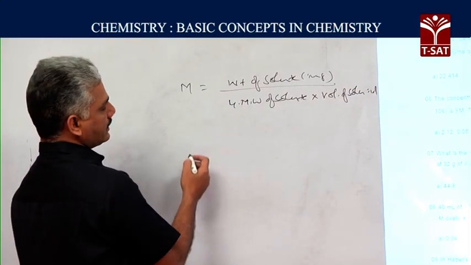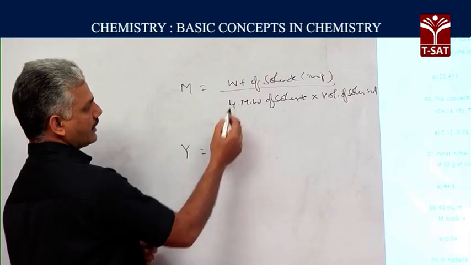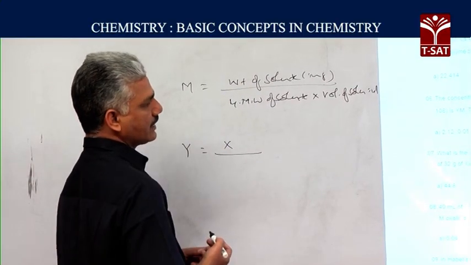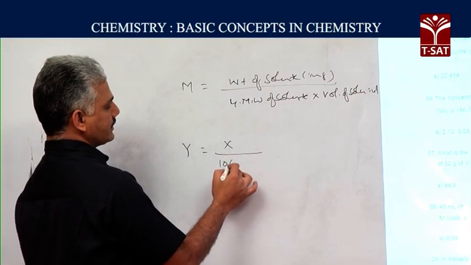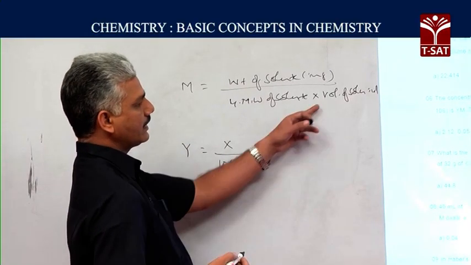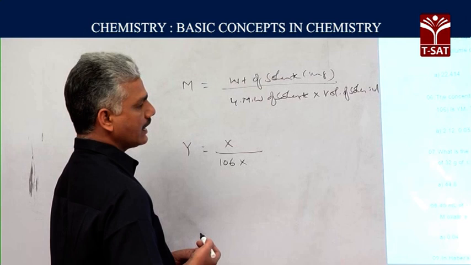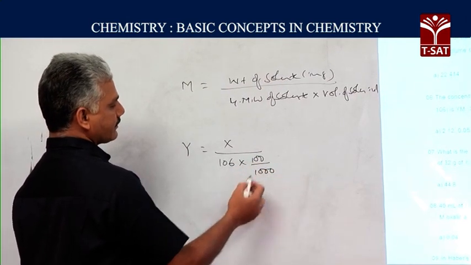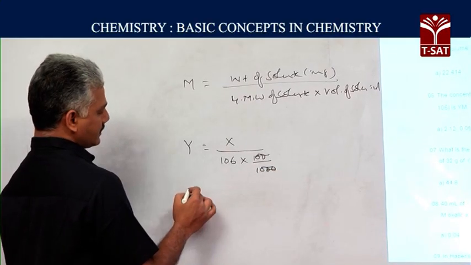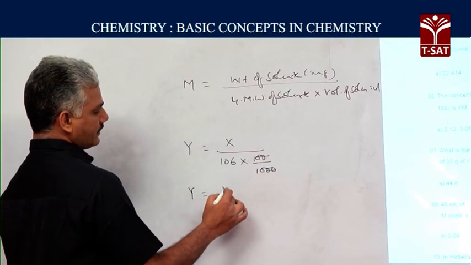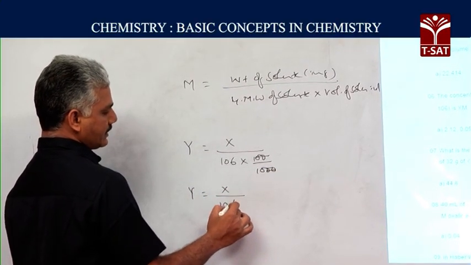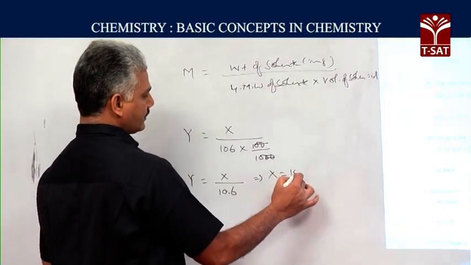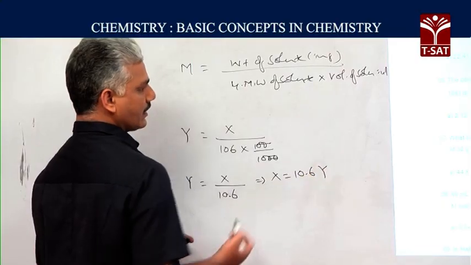So, molarity is given as Y, weight of solute is given as X, gram molecular weight of solute is 106 and volume of solution is 100 ml, so 100 by 1000. So, Y is equal to X by 10.6, or X is equal to 10.6 times Y.